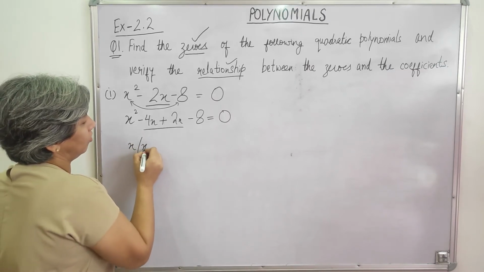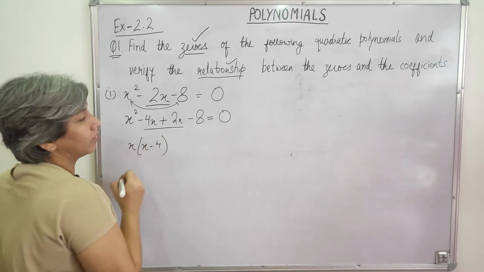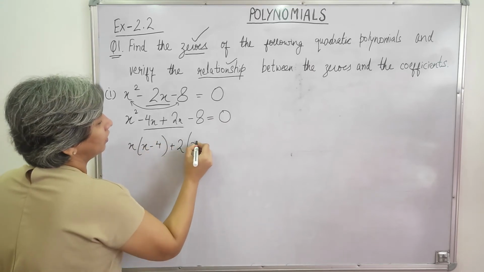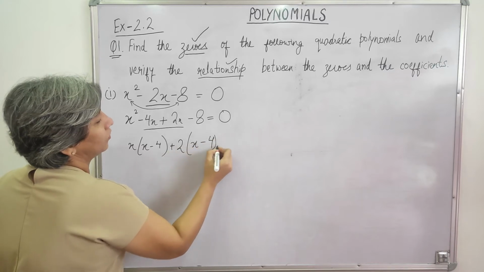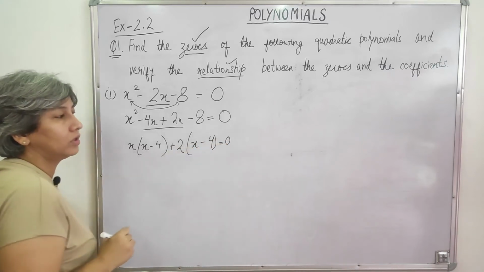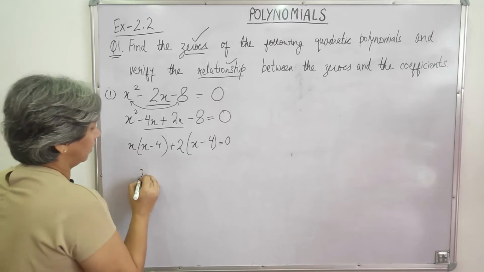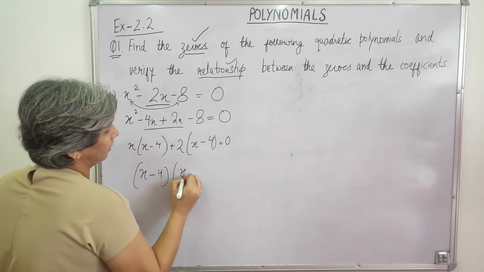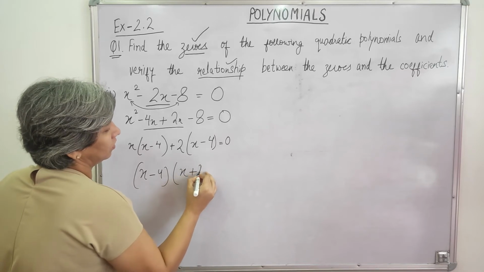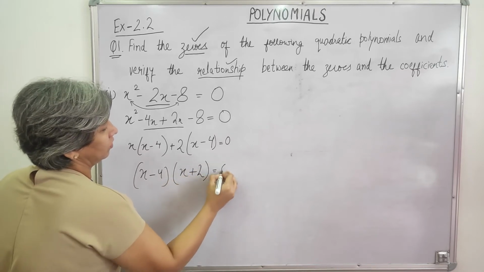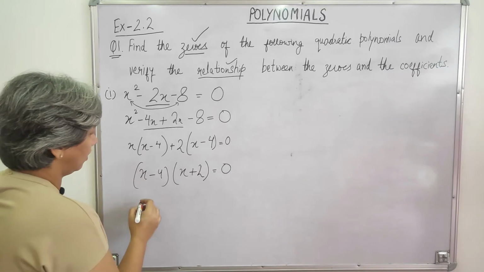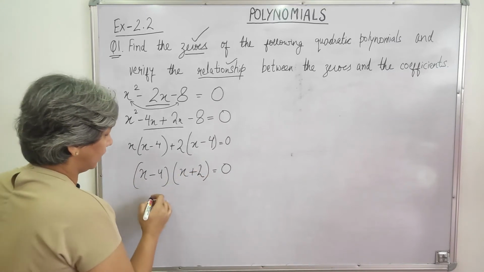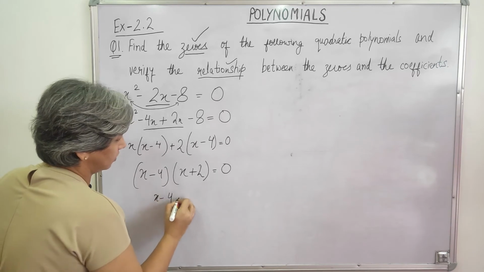We can take common. It will be x minus 4, and here we can take 2 common. It will be x minus 4 equal to 0, right? Then further x minus 4 is common and we'll get x plus 2 into x minus 4 equal to 0, right? So if the product of two terms is 0, then either of them has to be 0.